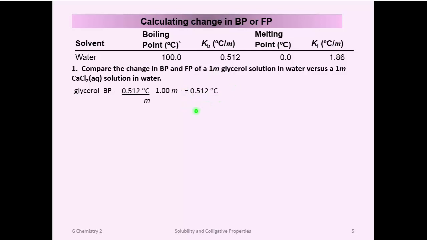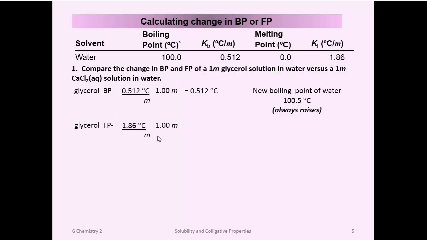It's 0.512 C. The sign on this is what should be assigned logically, knowing that because you're dealing with boiling point, it will always go up, so it's always positive. So the new boiling point of water starts at the original boiling point plus the change, so it's 100.5 degrees C.